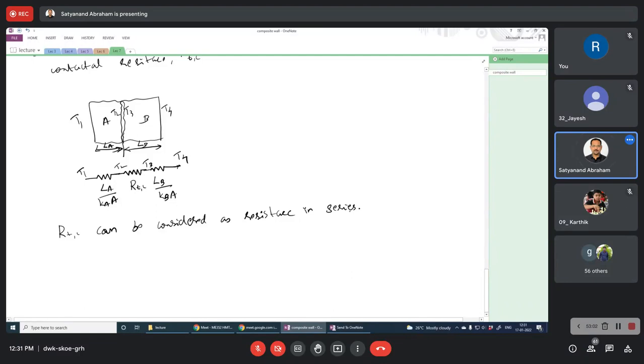This contact resistance R_tc is very difficult to calculate from basic principles. It depends upon the roughness and upon the gap between these two.